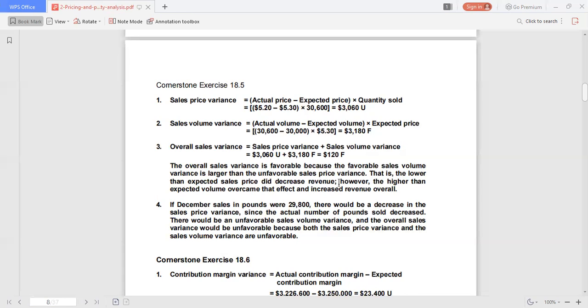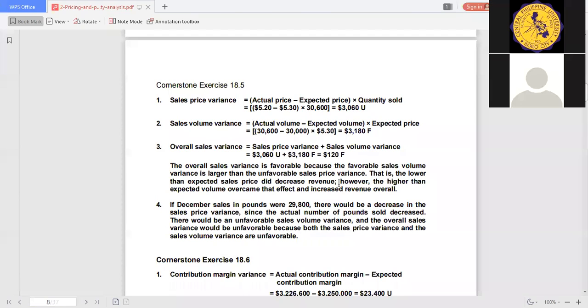So there would be a decrease in the sales price variance since the actual number of pounds sold decreased. There would be an unfavorable sales volume variance, and the overall sales variance would be unfavorable because both the sales price variance and the volume variances are unfavorable.